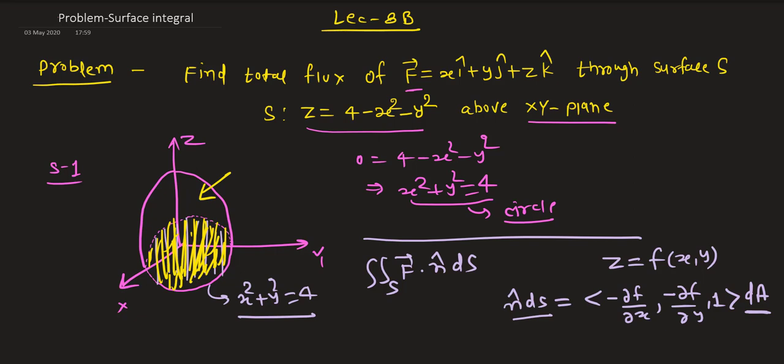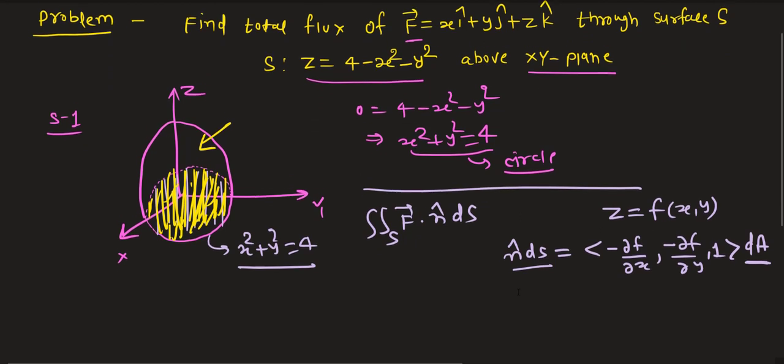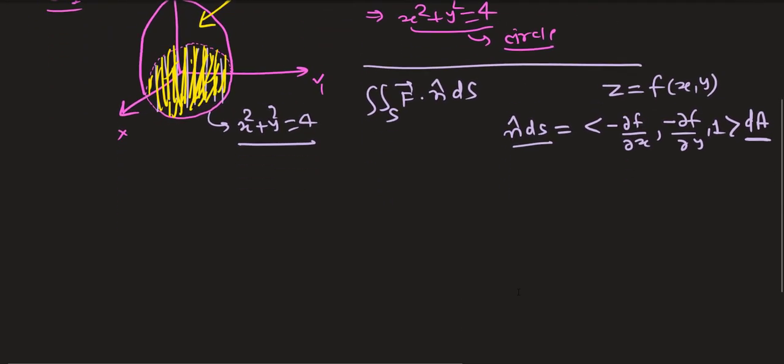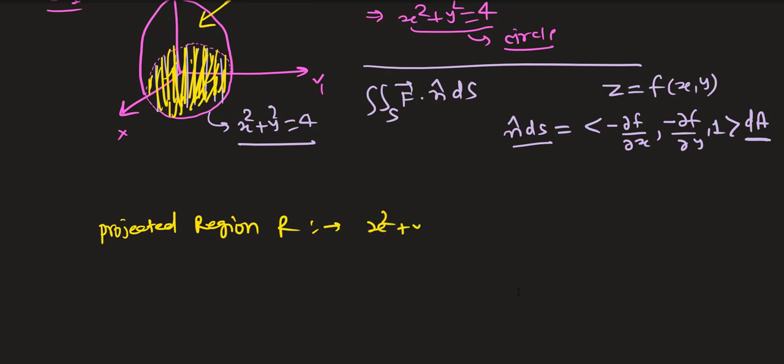Okay, that is fine. So we have taken the projection, and the projected region R is simply x square plus y square is equal to 4. It is given by the circle. That would be the second step. Now what would be the third step?